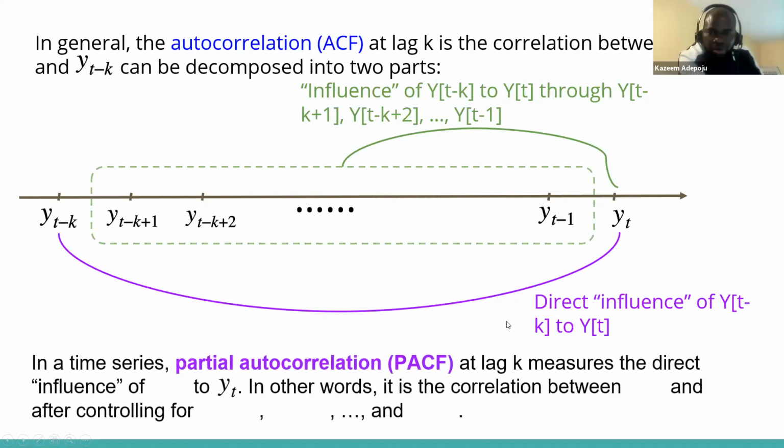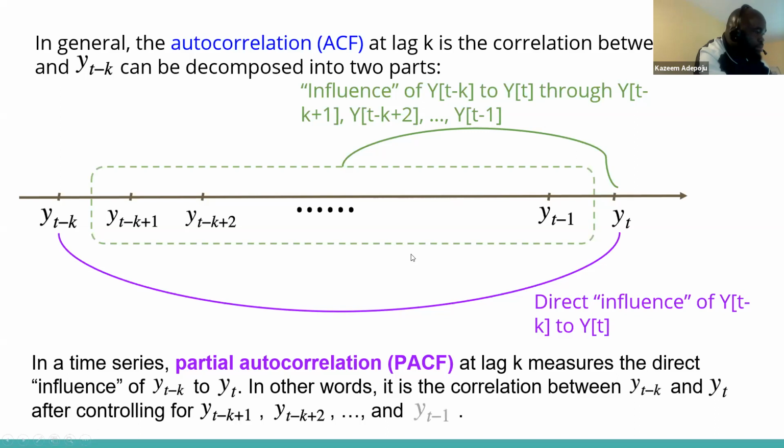It is only when you have that that you will be able to obtain your partial autocorrelation. Now in time series, a partial autocorrelation at lag k measures the direct influence of y(t-k) on y(t).